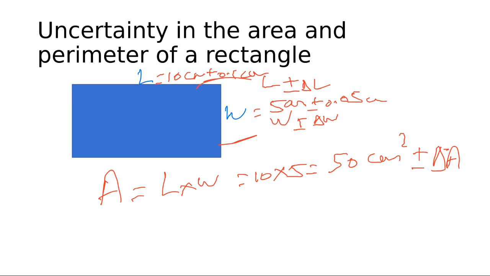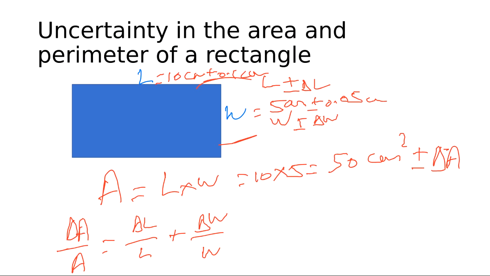All right, so the way we calculate this, in the case of multiplication, to find the uncertainty, what you do is you add the percent uncertainties. Here's the formula: delta A over A is equal to delta L over L plus delta W over W. This gives you the fractional uncertainty for the area.